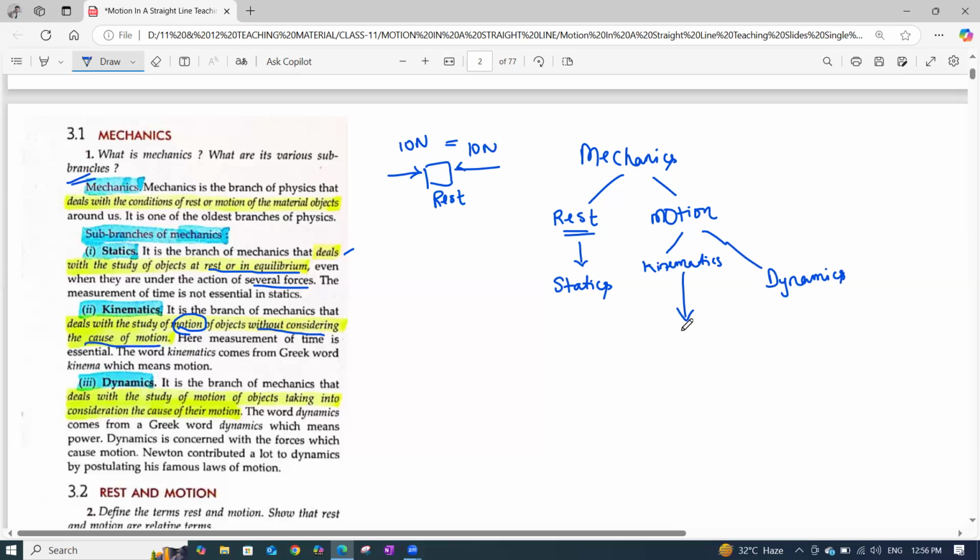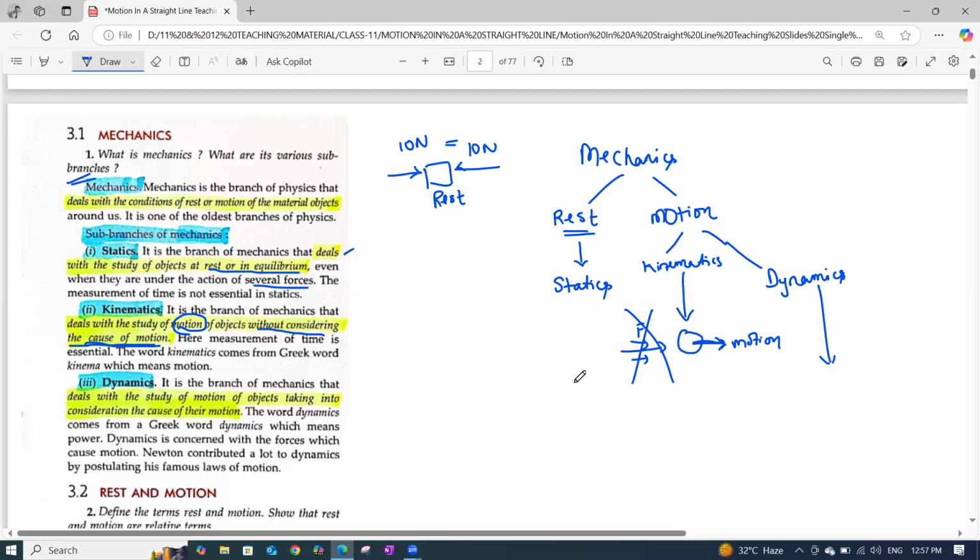For example, one ball is present and that ball is in motion. Why is that ball in motion? How much force is applied? Who kicked that ball? What are the external forces acting on the object? These conditions we are not going to see. We are going to see only the object which is in motion, and we don't want its cause of motion. If you neglect, or are not studying, the cause of motion, then it is kinematics.